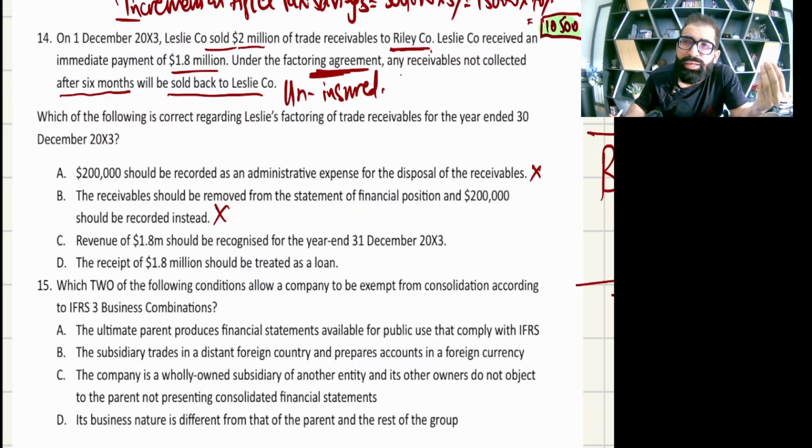So when the risk and reward has not been transferred, it's not sold. Revenue? Never, it's not revenue. The receipt of 1.8 million should be treated as a loan, yes, this is correct, because this is purely uninsured. I'm sure you remember this.